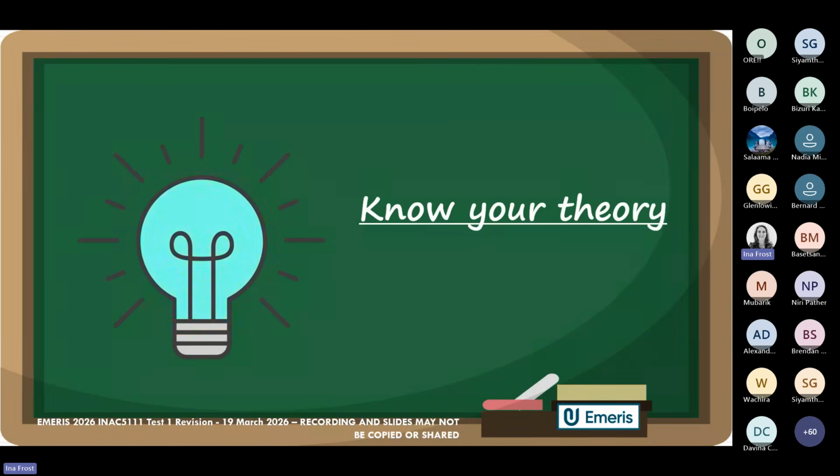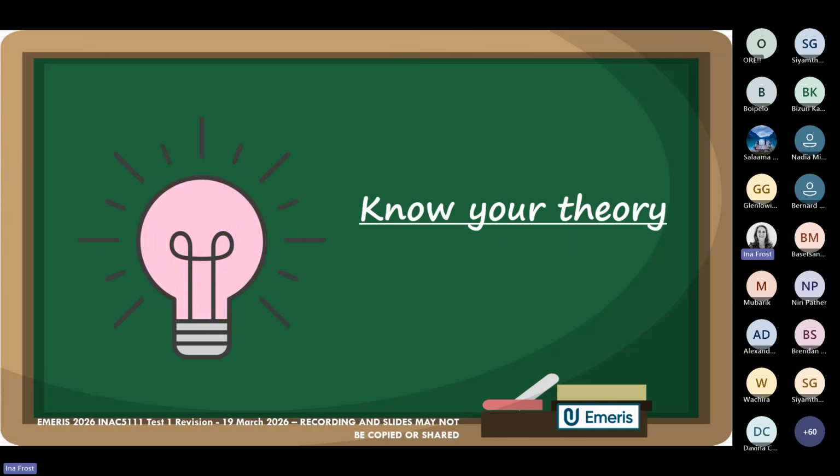So I think you've now seen this has been a bit of a theme throughout our presentation today, the importance of knowing your theory. And it was important in Learning Unit 2, but it's even more so in Learning Unit 1, because in Learning Unit 1, there is only theory. And remember, your semester test is only covering 2 learning units.